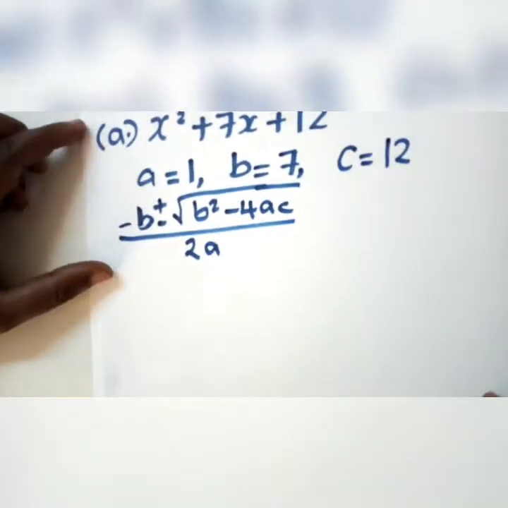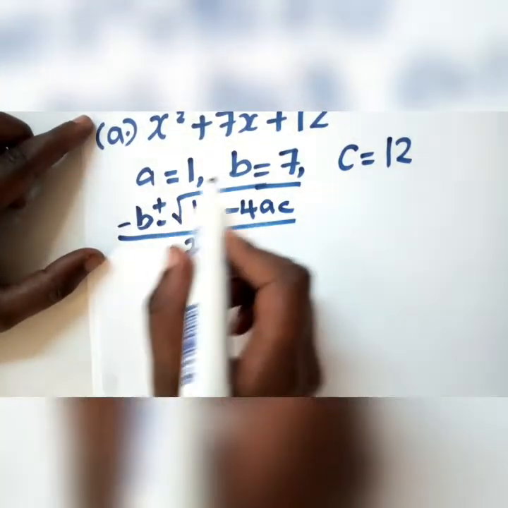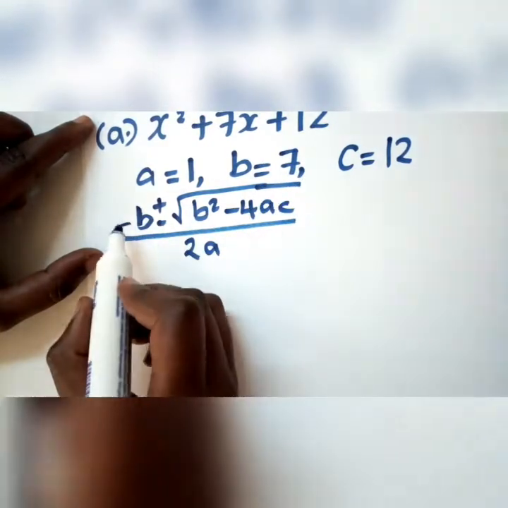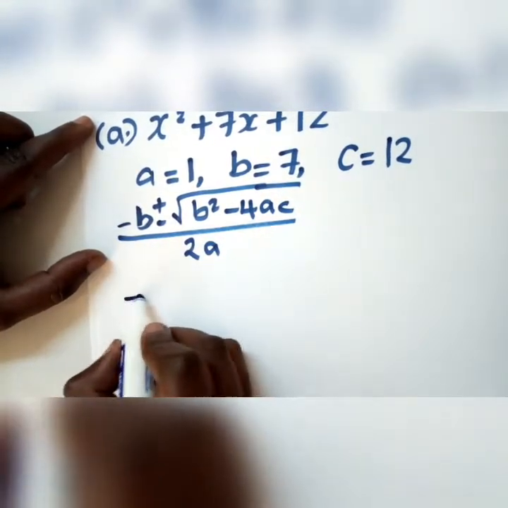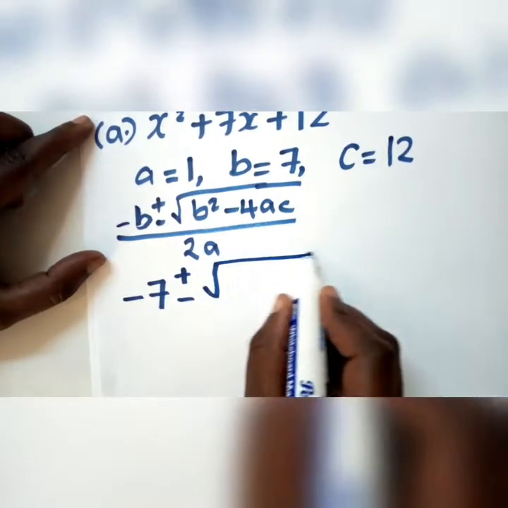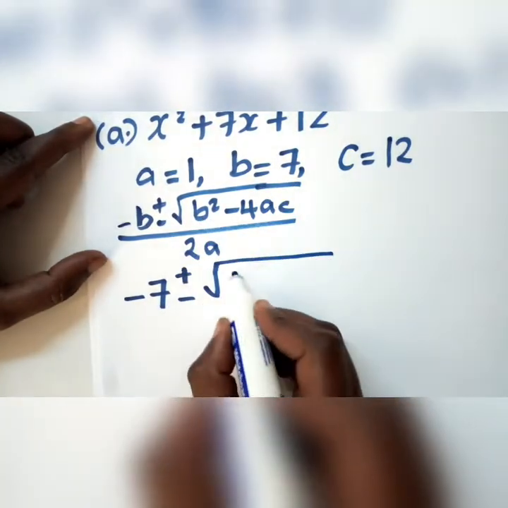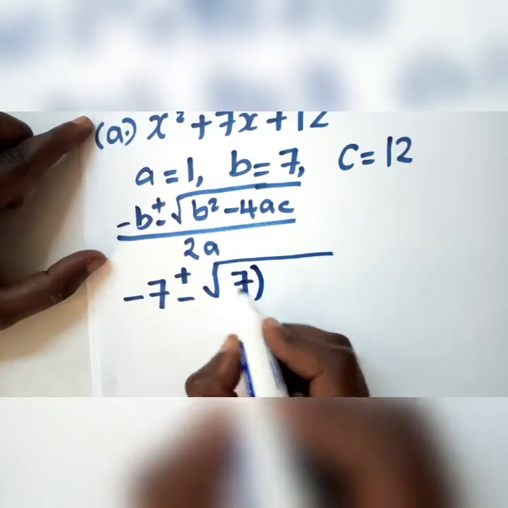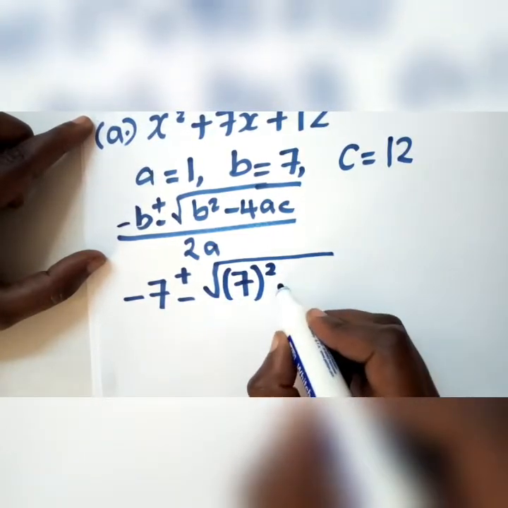Now we're going to apply a substitution. What is our b? Our b is 7. You notice there's a minus here, so I'll keep the minus. So minus 7 plus or minus the square root of 7 squared, and it's good to put a bracket.